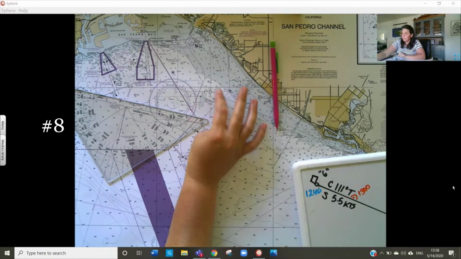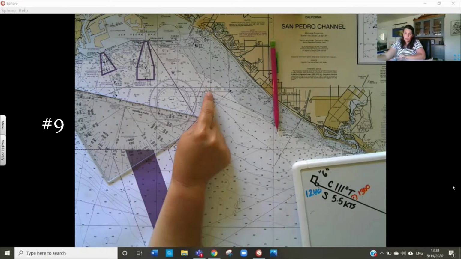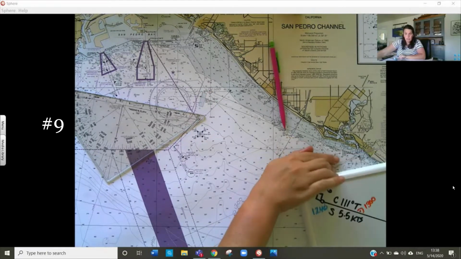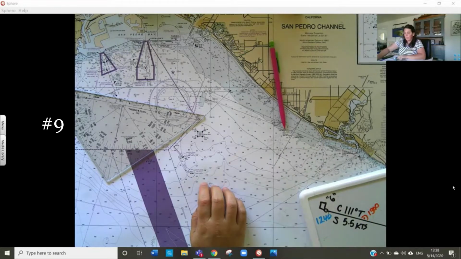So if we want to go back on track line, we just have to steer to the right. So we just correct. What course do you recommend to get back to our NWP buoy? So from our 1400, we're going to draw a new track line to our NWP buoy. So let's draw that in.